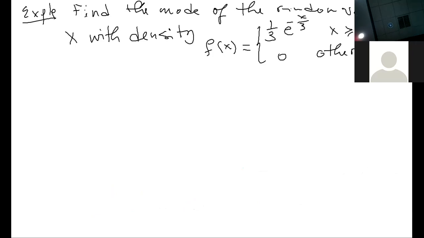So this is an exponential function, as we know. The derivative of f is minus 1 over 9 e to the minus x over 3.